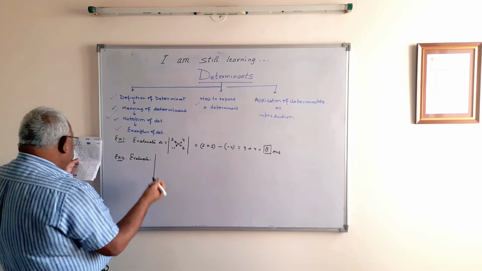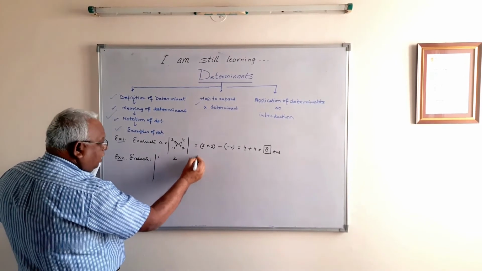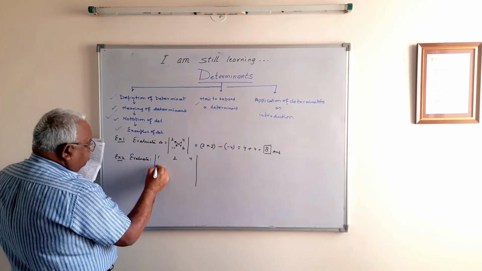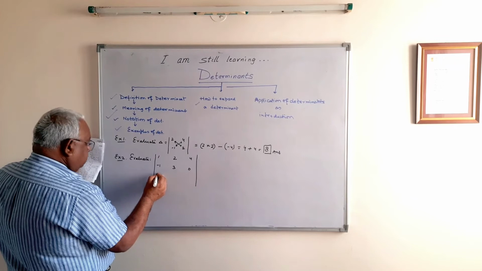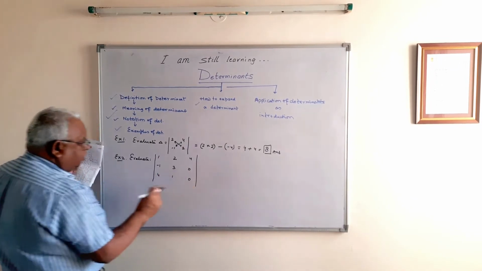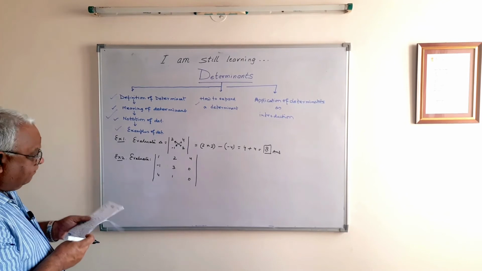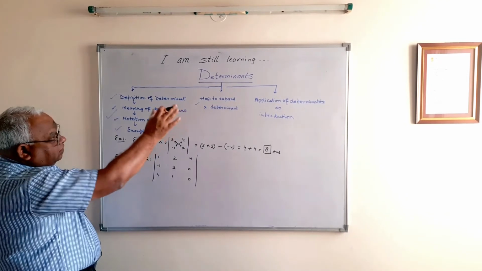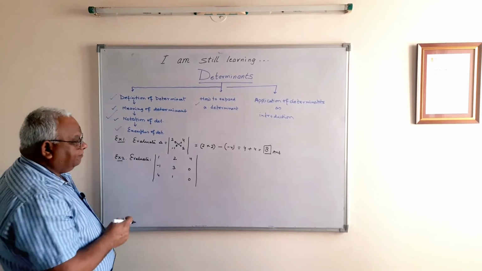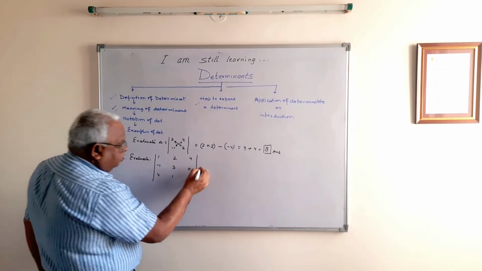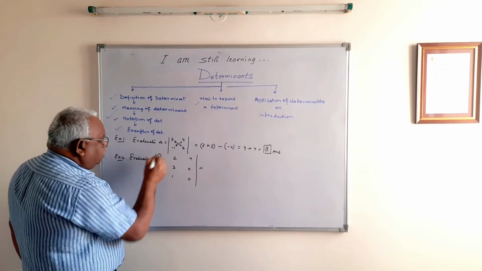If I am not taking examples and continue with only lecture and lecture, then you will not be able to understand. The topic is covered, but you will not be able to understand anything. So to explain the topic, you need examples also. Now, I am following the same technique.